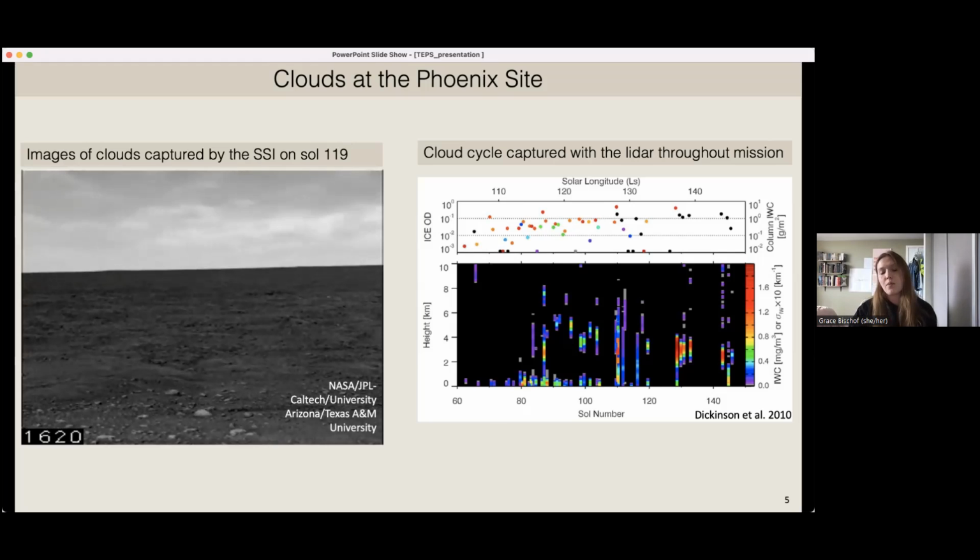And so they noted that water ice clouds tended to form in the evening and strengthen throughout the night, and then dissipate into the morning as the temperatures warmed up. And with that, they were able to find the water ice optical depth and the height of clouds. Fall streaks, or snow-like precipitation, were observed for the first time with the LiDAR. And so it was a really crucial instrument for understanding water ice clouds.